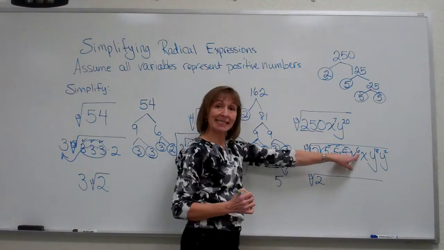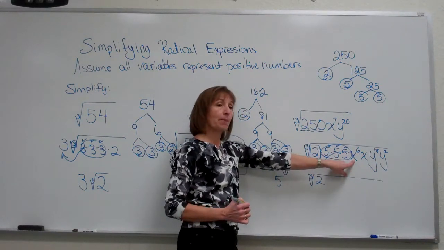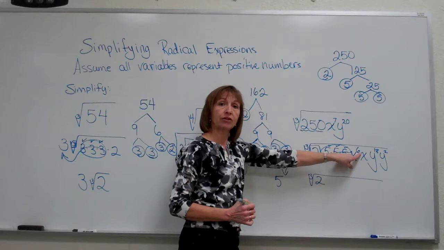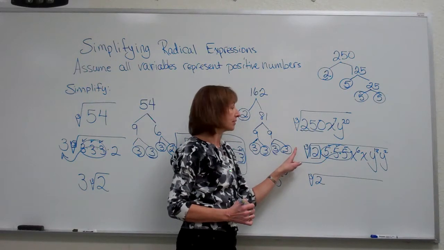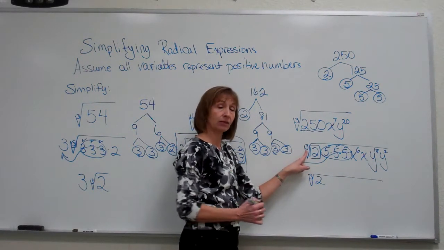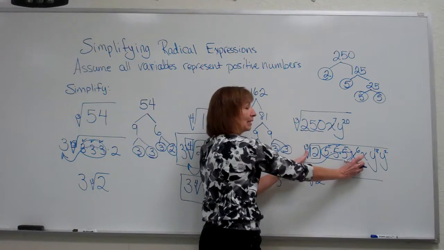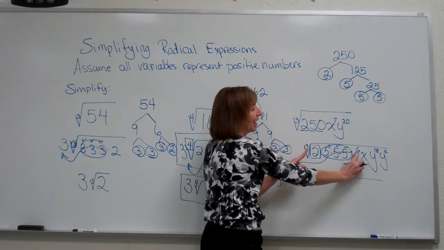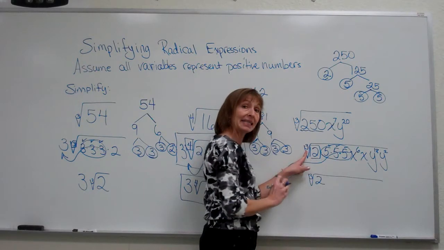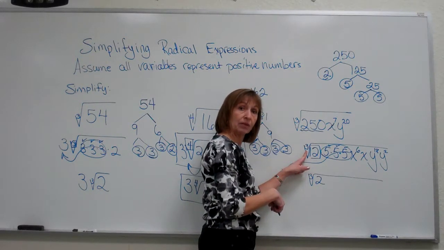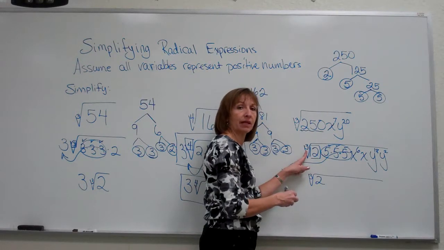Next up, the x to the 6th. When you have a base to an exponent and you're finding the simplification of that out of a radical, you keep the base and take the exponent that's under the radical and divide it by the index to get the exponent that should be on your base outside the radical.